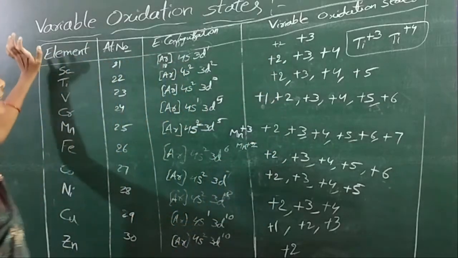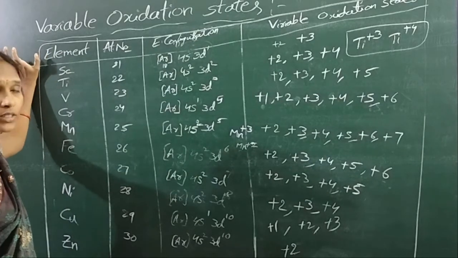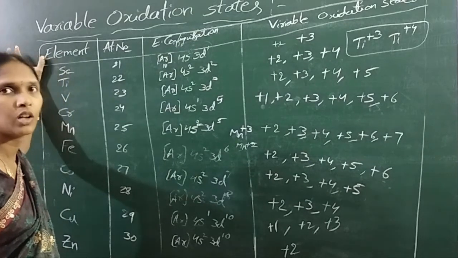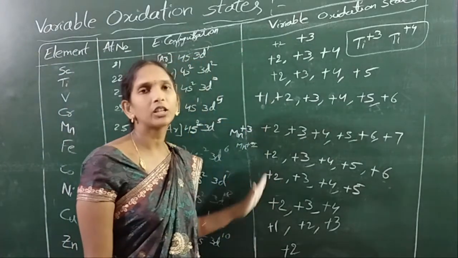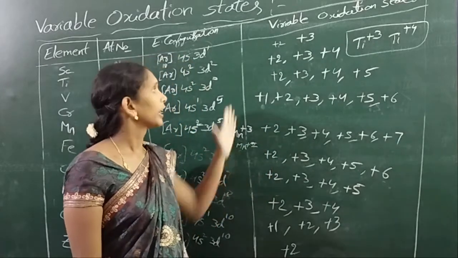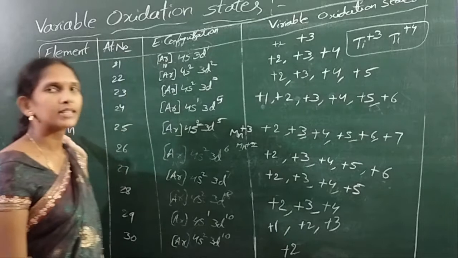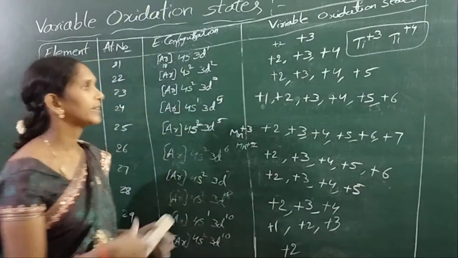Okay, in D block elements, in 3D series, +2 oxidation state is the common oxidation state. The common oxidation state in this series is +2. Okay, next.